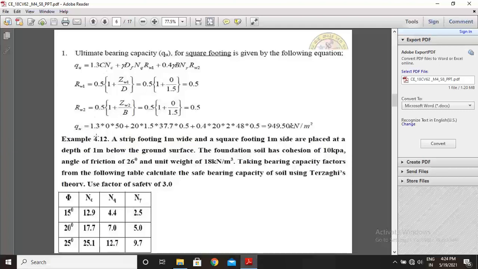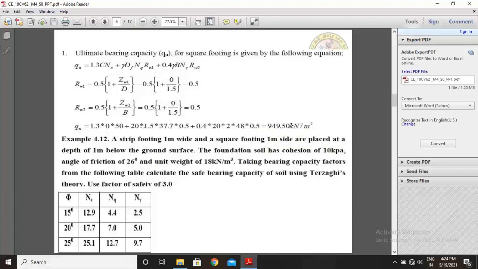That is 1.3 into C is 0 into NC is 50 plus gamma is 20 because of submerged density, DF is 1.5 into NQ is 37.7 into RW1 is 0.5 plus 0.4 into gamma is 20 into B is 2 meter into N gamma is 48 into RW2 is 0.5.